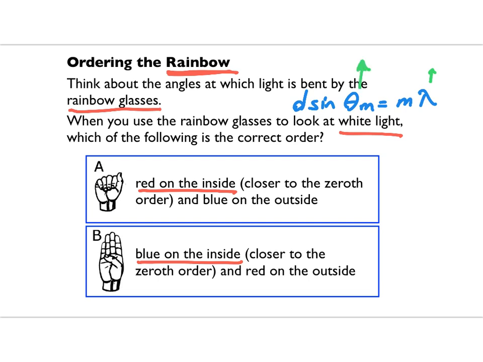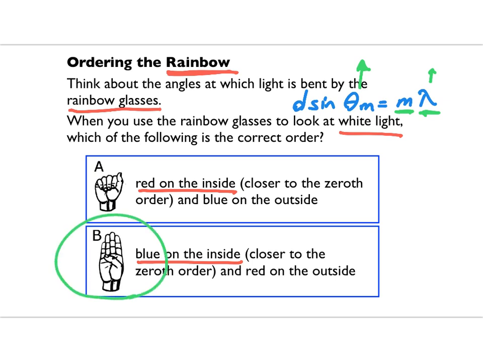So if I'm looking at the m equals 1 order, theta 1 will be bigger if the wavelength is bigger. So red light will appear further out in the pattern than blue light. So it's going to be blue on the inside and red on the outside. So this is the right choice here.